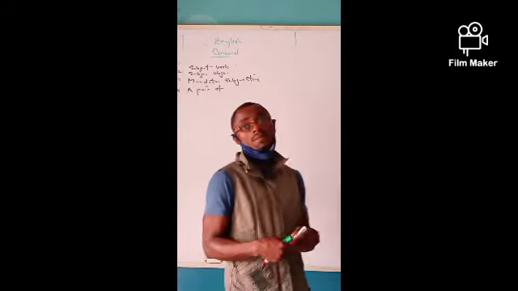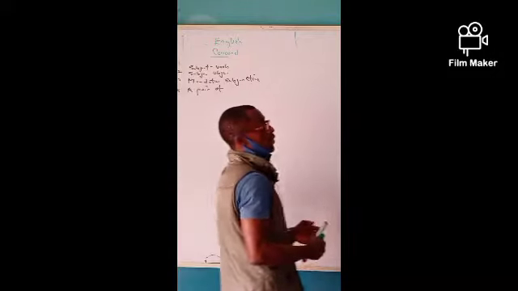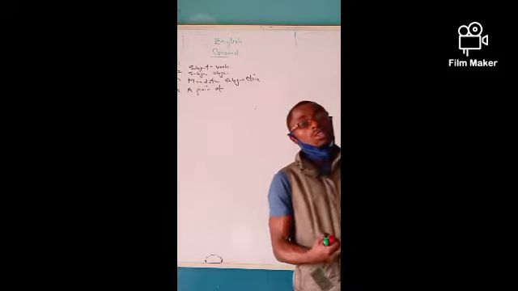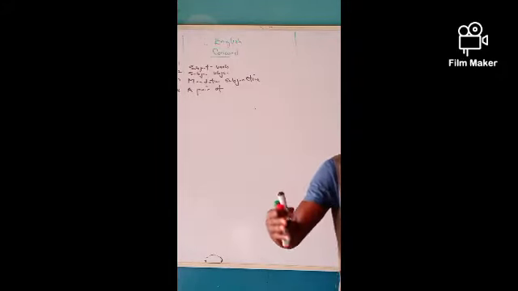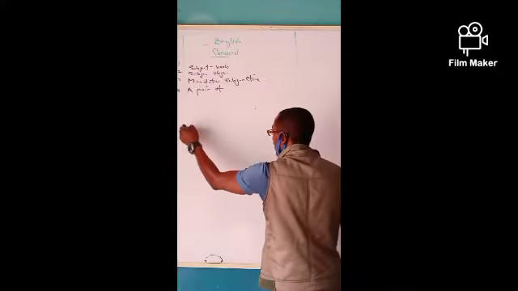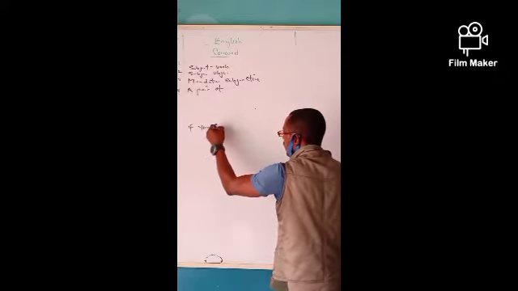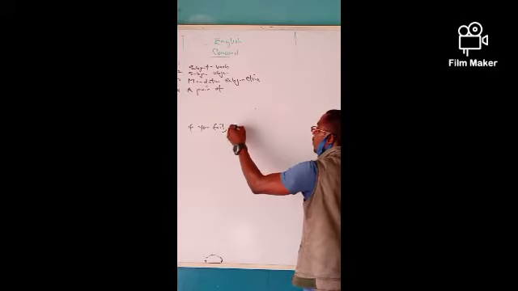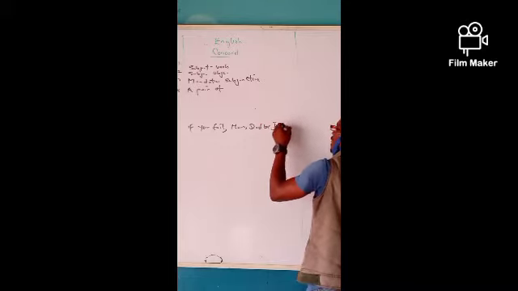Number 4. The principle of proximity. Pay attention. The principle of proximity simply states that when two or more nouns are joined and separated by a comma, the last noun or pronoun determines the verb. For instance, if I asked Tumishe, if you fail, mom, dad, or I dash to blame.